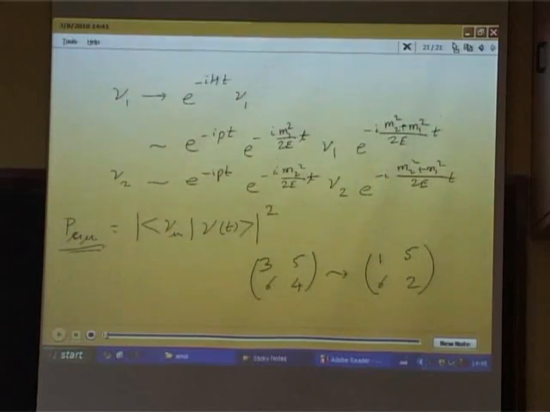So the evolution that I get by using 3, 4, 5, 6 is the same as the evolution I will get using 1, 2, 5. So these constants only appear as phases. These phases are not measurable in any oscillation experiment, therefore they don't matter. You can always keep them, but it will be messy algebra. To simplify things, the algebra will be simple. So therefore we always keep this constant part outside.